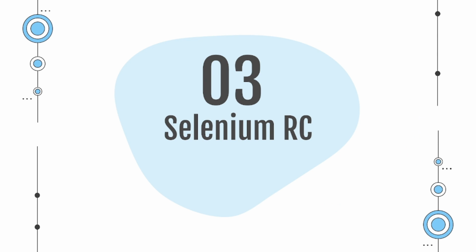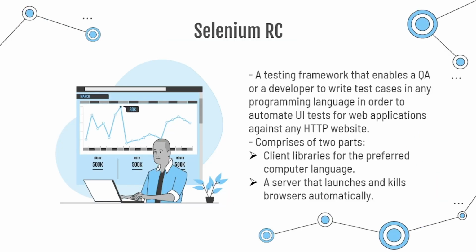Next, we will talk about Selenium RC. Selenium RC is an important component in the Selenium tests. It's a testing framework that enables a developer to write test cases in any programming language in order to automate UI tests for web applications, on any HTTP website.